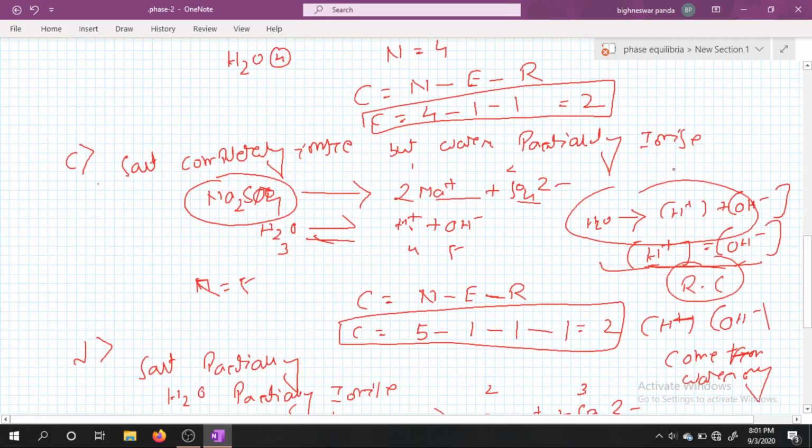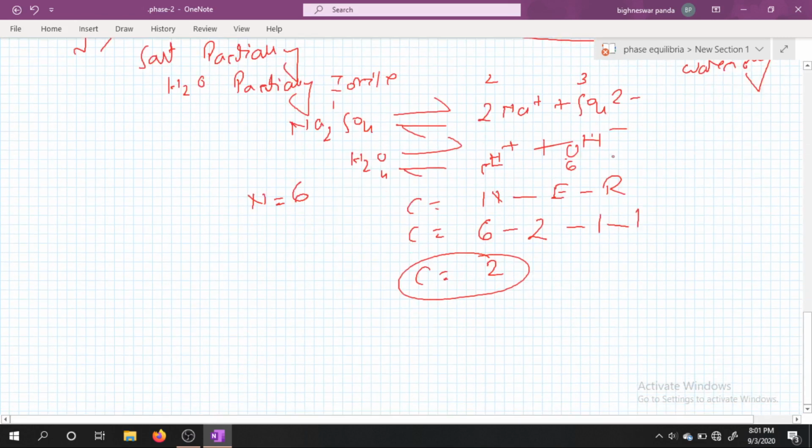Your choice. So now we are solving another problem. Question number 2. Consider a system in which species are present. What are those species?